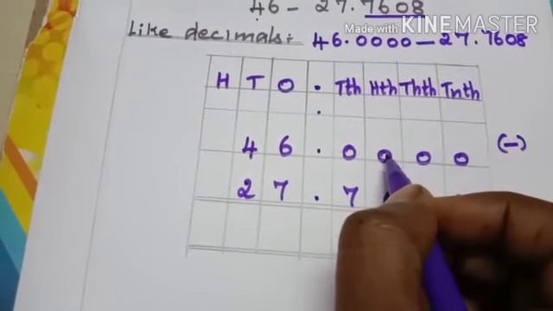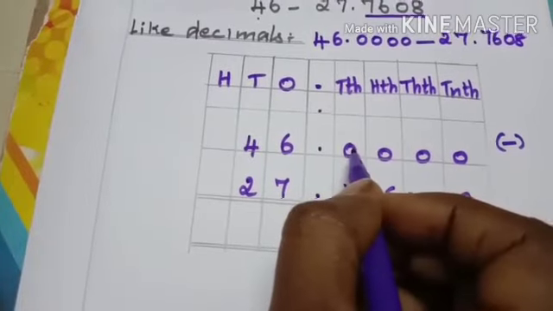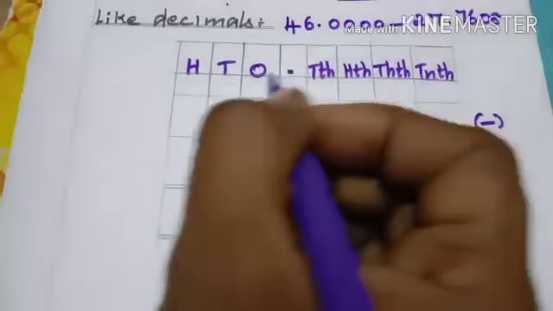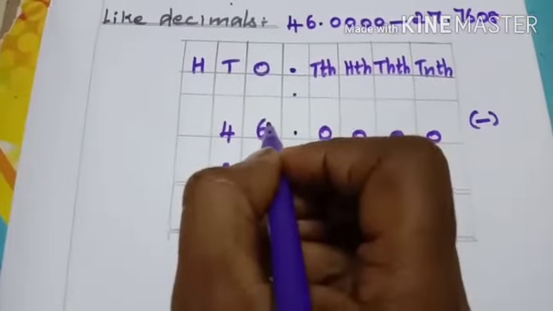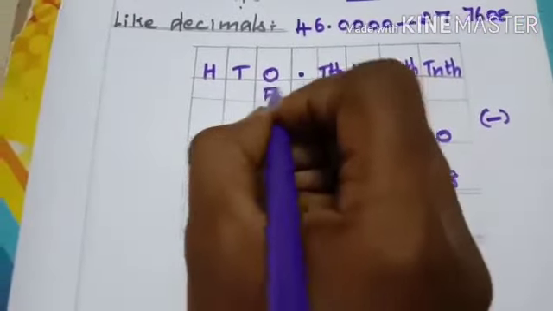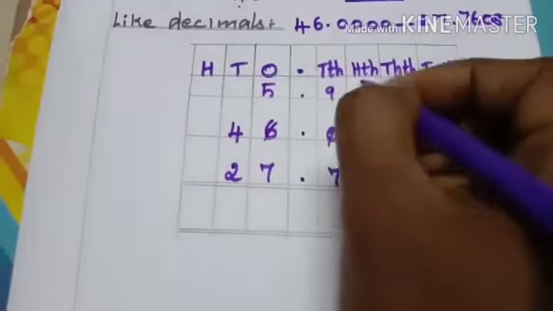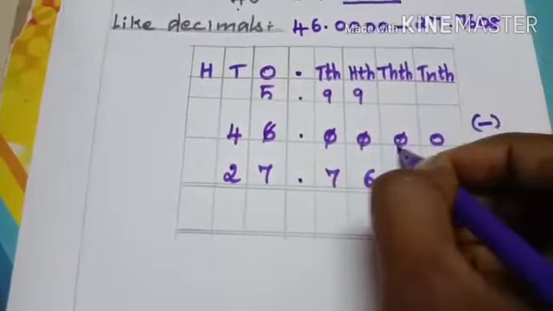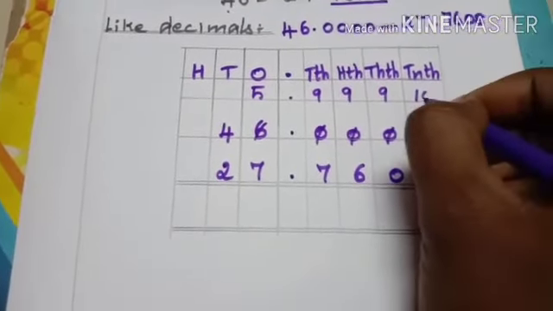Here also 0, so we need to borrow from the tenths place. Here also 0, so we need to borrow from the ones place. So here it becomes 5, and here it becomes 9, and here it becomes 9, and here also it becomes 9, and here it becomes 10.